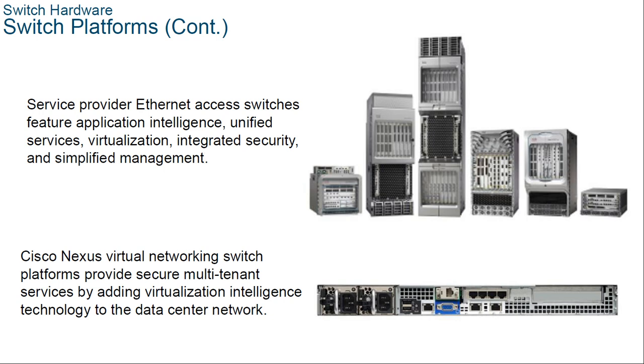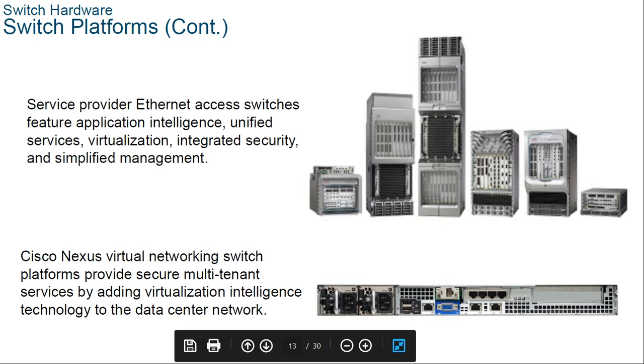Another example here, the Cisco Nexus virtual network switch. This type of switch provides secure multi-tenant services by adding virtualization intelligence technology to the data center network. You see different types of ports are available, right? More on multi-tenant environments.